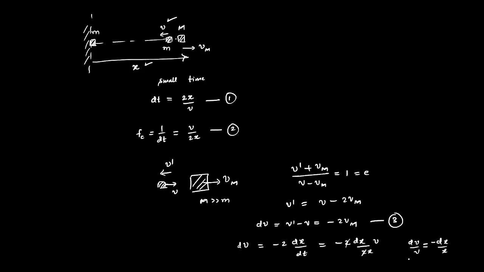Now we'll put in the limits and complete this. So we have dv by v equals minus of dx by x. The given story is that initially the particle was thrown with a projection speed of u naught, and at that point the bigger M was at x naught distance away. Then after some time, because of the collisions, it is moving with a certain speed, and the bigger M is at some distance x.